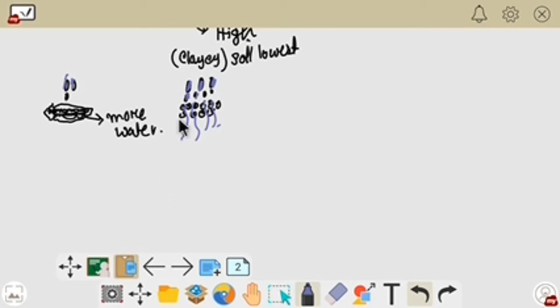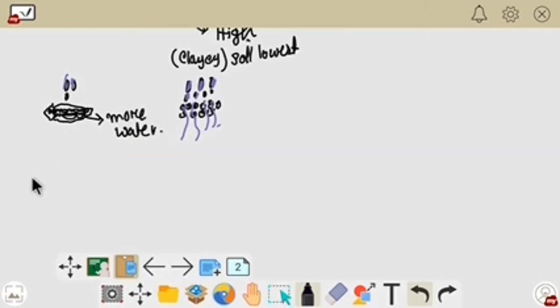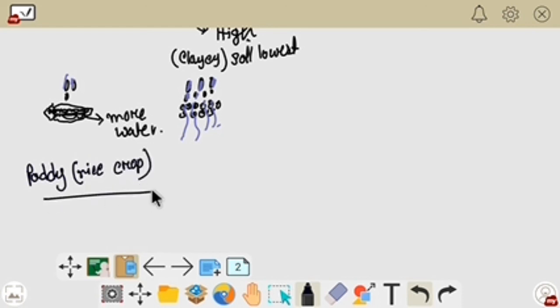That is why the percolation rate is very high. Okay, so I hope you understand. Now in clay soil, paddy, which means rice crop, and this type of crops will grow in clay soil because rice crop needs more water. So clay soil can absorb more water and can hold a large amount of water.